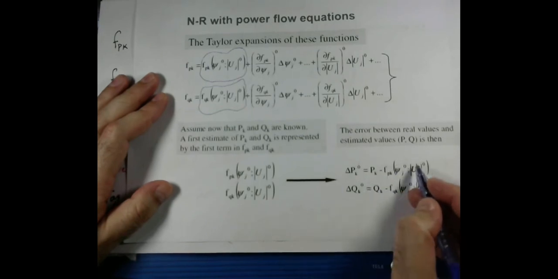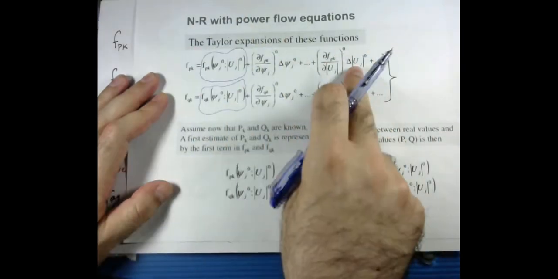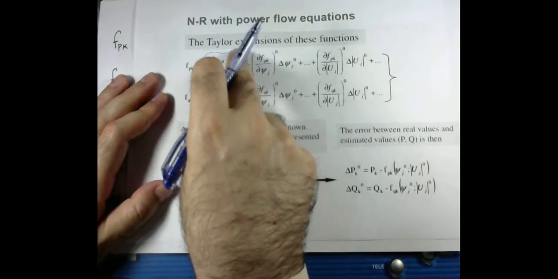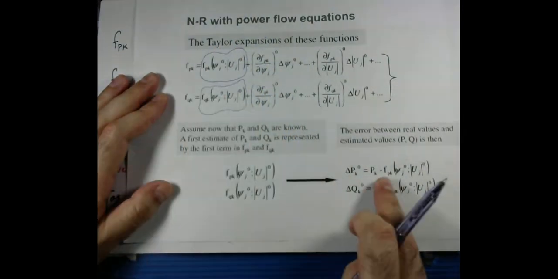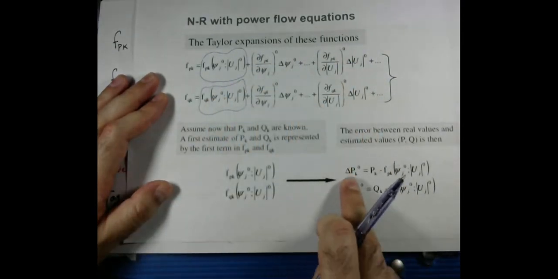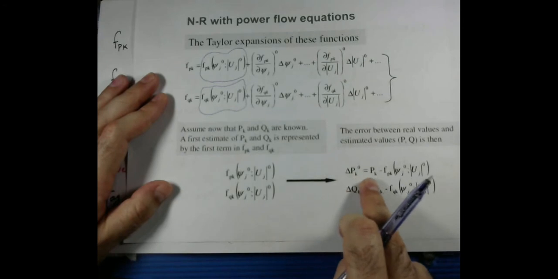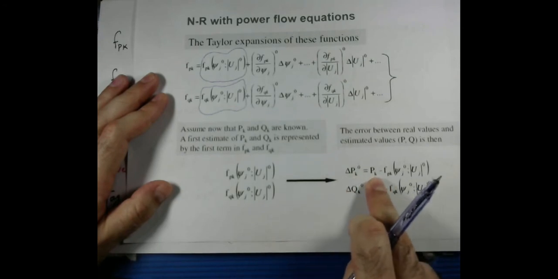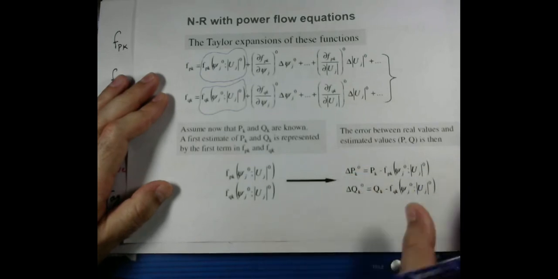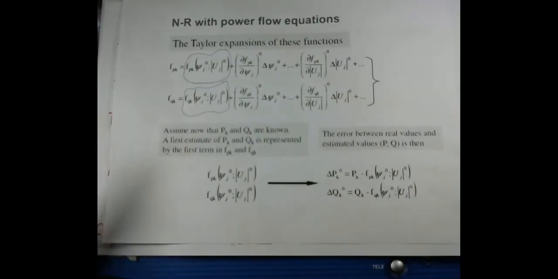So if we bring the first estimate to this side, the error remains on this side, and it will be equal to a known value of the power minus the first estimate. So that will be the error, and now we can write the expression for the error. It will become like that.